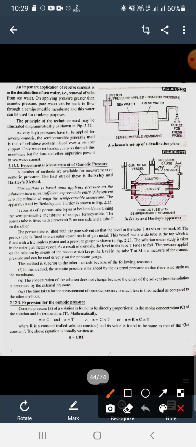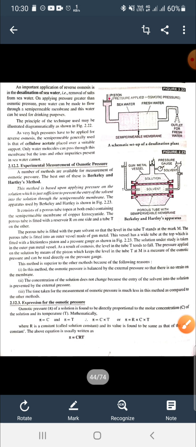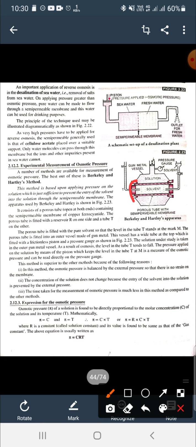Here the apparatus is given to you. A particular tube is taken, this one is your tube. Solvent is taken in the tube, and on one side your T tube is fitted, and on the other side the reservoir is fitted. The tube taken inside is a porous tube.